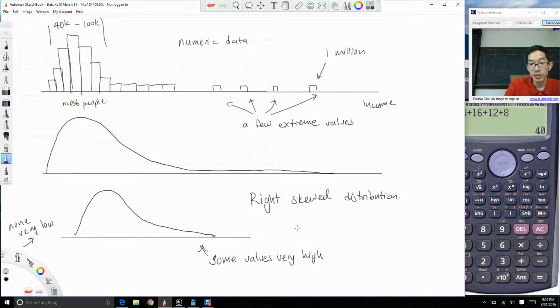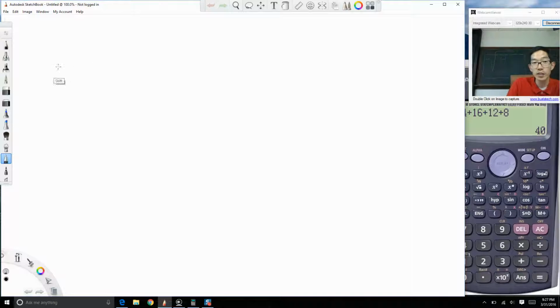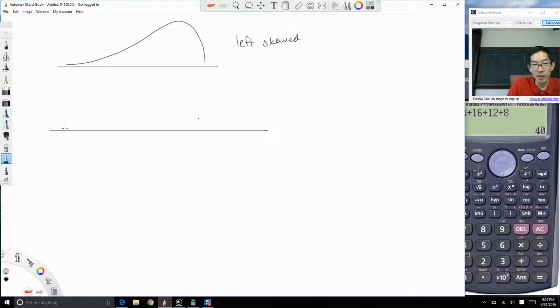So that's right skewed. You have this. What's this? Left skewed. Very good. Okay. And then you have symmetric. Okay. This would be like things like IQs, height, symmetric.